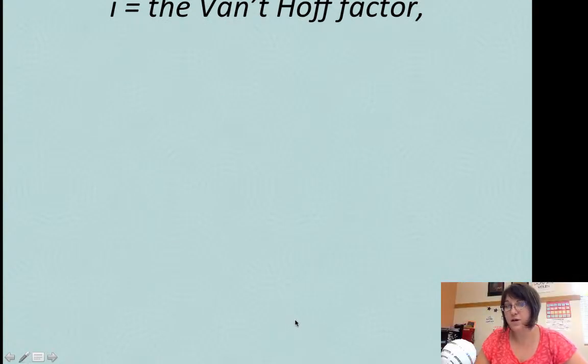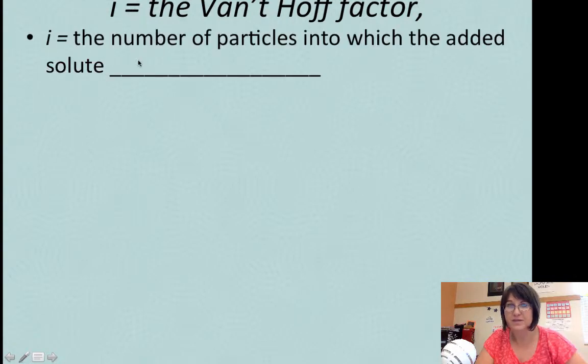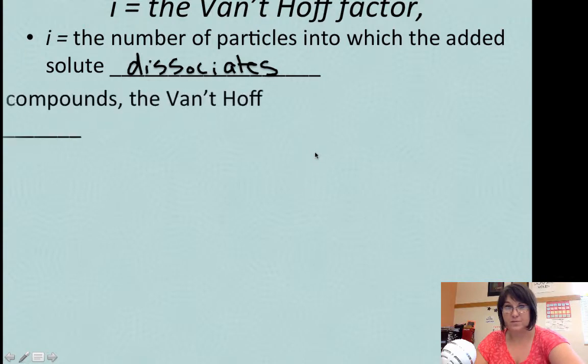To understand what's going on, we need to learn how to work with the Van't Hoff factor. Little i describes the number of particles into which the added solute dissociates. So we're going to break apart ions that are aqueous into their particles.